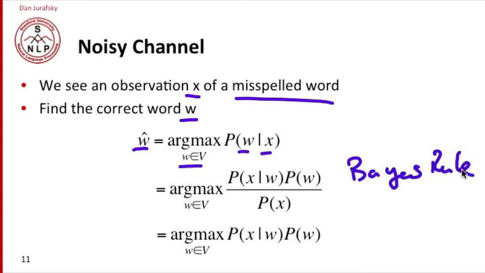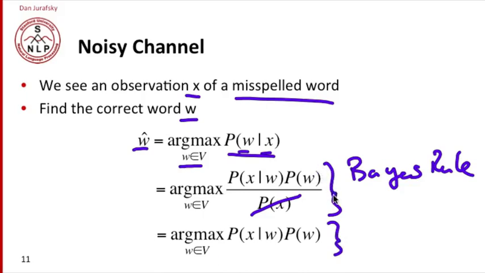to replace that probability. So the probability of W given X, we're going to replace that with P of X given W, P of W over P of X. And so we can also eliminate the denominator. Whatever word maximizes this equation will also maximize this equation. We're asking, given a misspelling X, what's the most likely word?